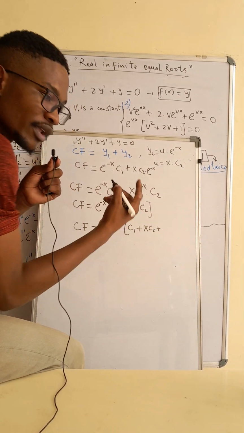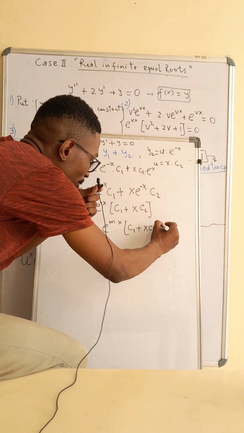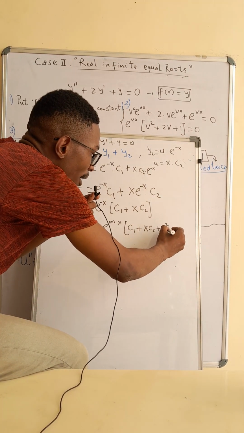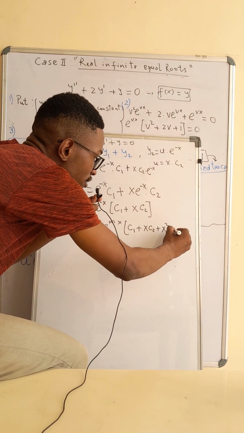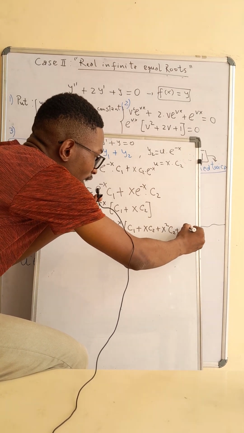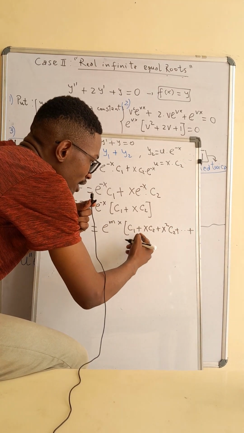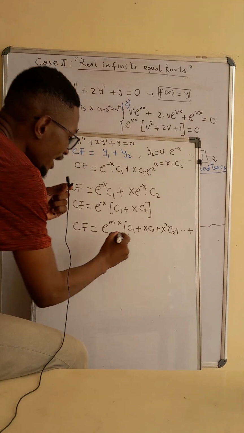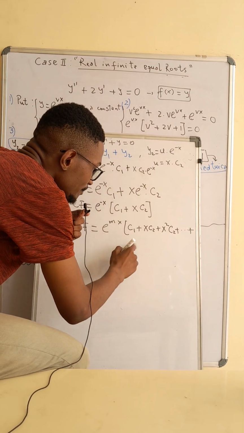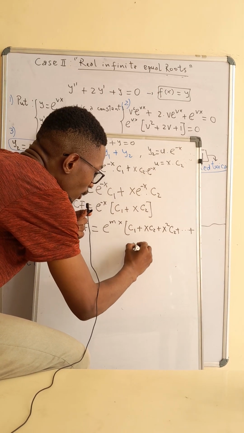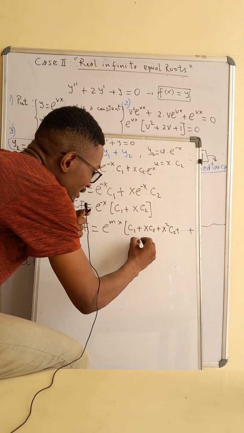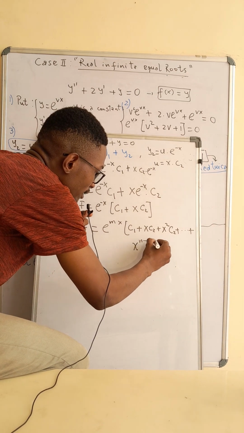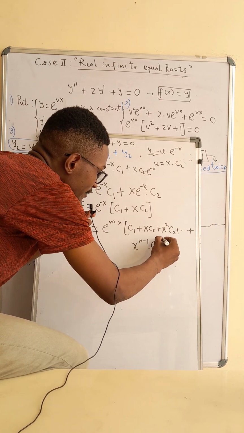If it were third order, it would be x square C3, and so on. As you can see, it will increase until infinity. Then we can write down here, for any order, x raised to n minus 1 times Cn.